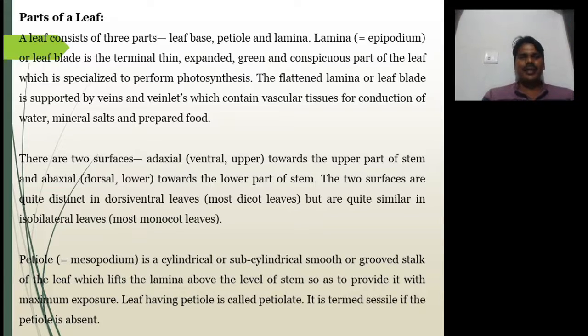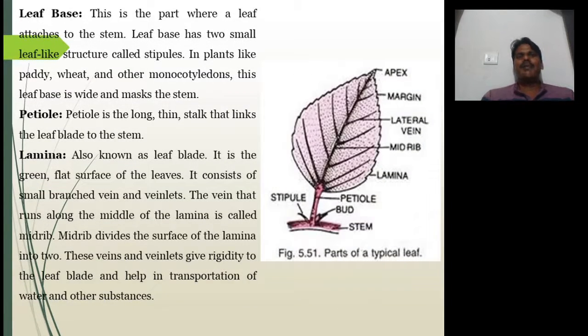Then the leaf base, by which the whole leaf is attached to the stem. These are the typical parts of the leaf. First one is the leaf base. What is the leaf base? This is the part where a leaf is attached to the stem. The leaf base has two small leaf-like structures called stipules.